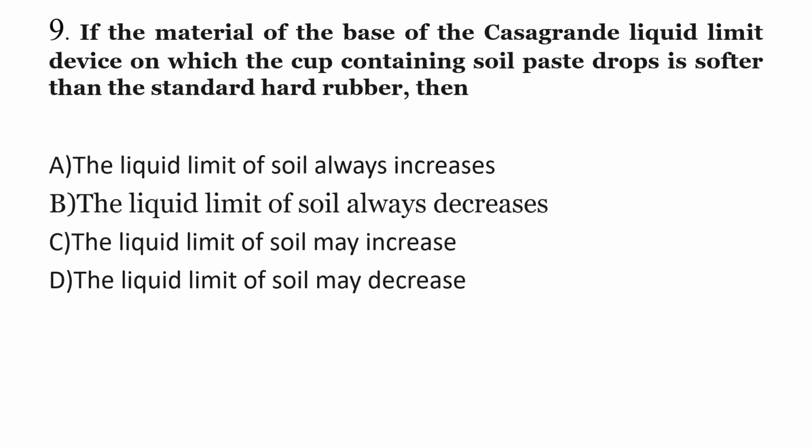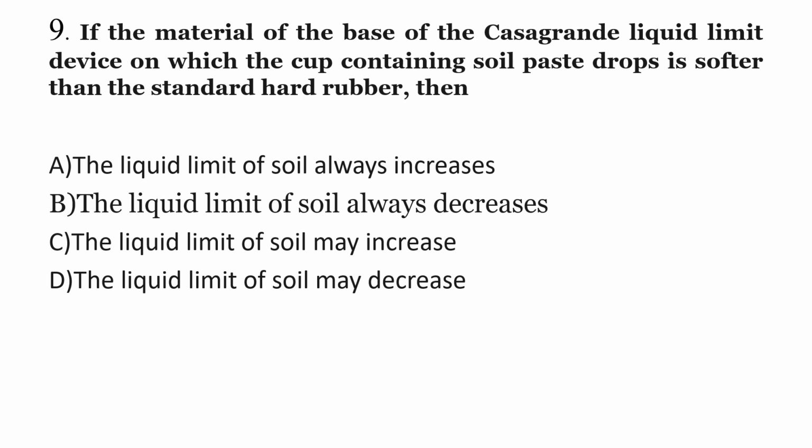When these 2 soil masses with a groove in the middle come closer and touch each other, that is the water content that we have to note. So liquid limit is that particular water content at which the 2 soil masses come closer by 25 blows. 25 blows are required for the soil masses to come closer. That particular water content is known as the liquid limit of that particular soil.